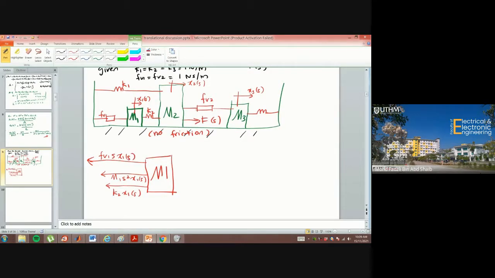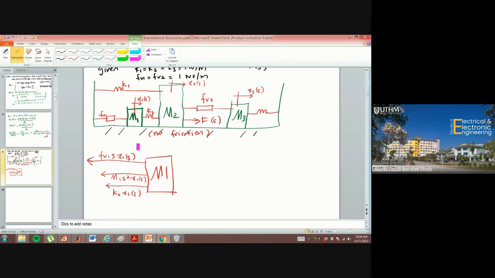Okay, take a look. Force of M1 due to the motion of M1: we have Fv1 S times X1S, M1 S square times X1S, and K2 times X1S.